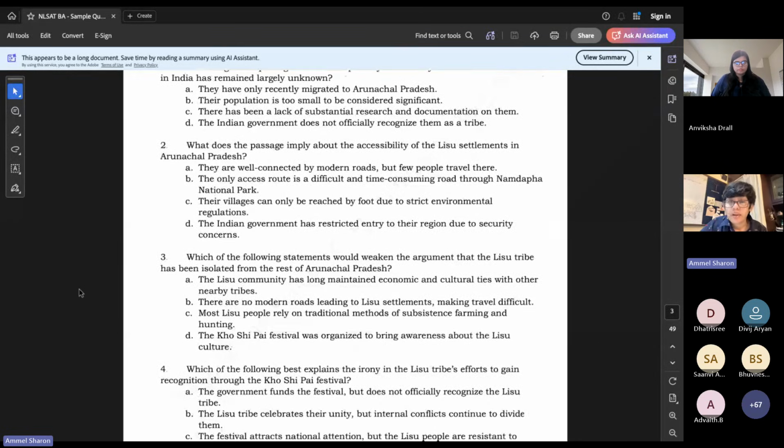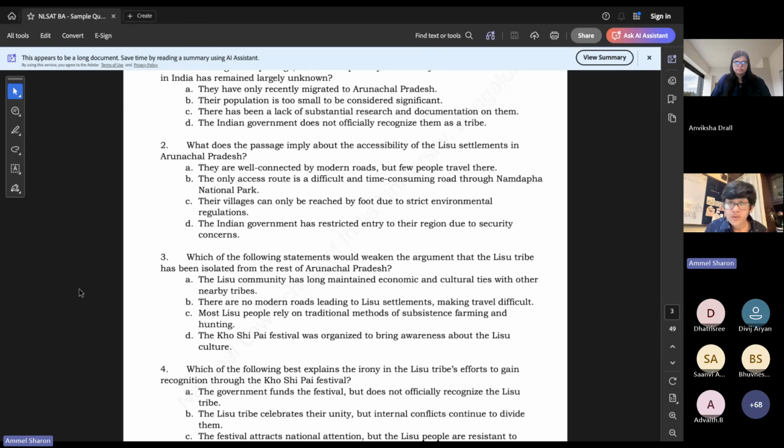What does the passage imply about the accessibility of the Lisu settlements in Arunachal Pradesh? They are well connected by modern roads, but few people travel there. Not true. The only access route is a difficult and time-consuming road through Namdapha National Park. That's something that we find in the passage, right? Their villages can only be reached by foot due to strict environmental regulations.